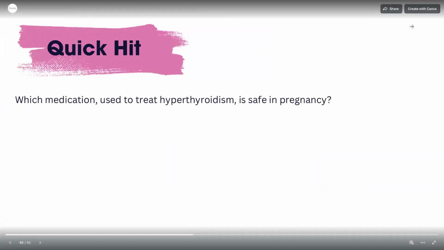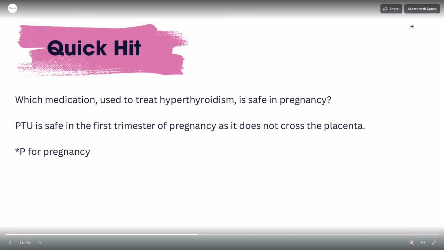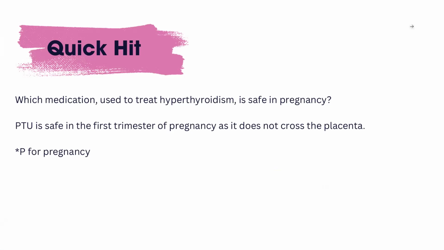Which one is safer in pregnancy? PTU. Yeah, exactly. It doesn't cross the placenta, so it's safer in the first trimester. After the first trimester, you can use either methimazole or PTU, but this would probably be seen on the exam. It's safer to go with PTU for pregnancy.